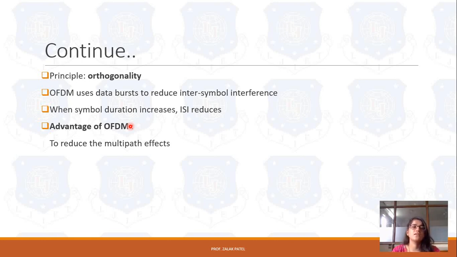But when there is an obstruction or obstacle between the transmitter and receiver, then the multipath effect is there, and the biggest advantage of OFDM is that it reduces the multipath effect. It also reduces frequency selective fading, means the fluctuations that occur at the transmitter or receiver can also be reduced in case of OFDM.